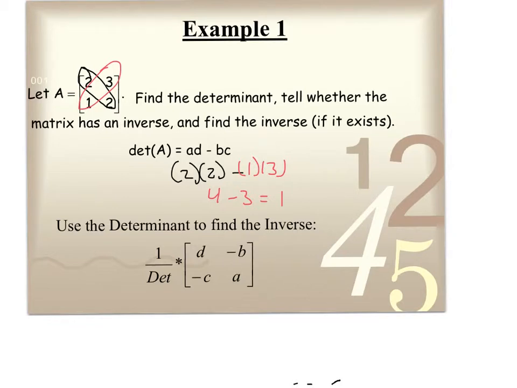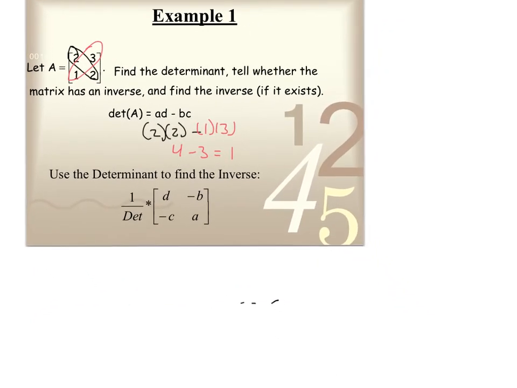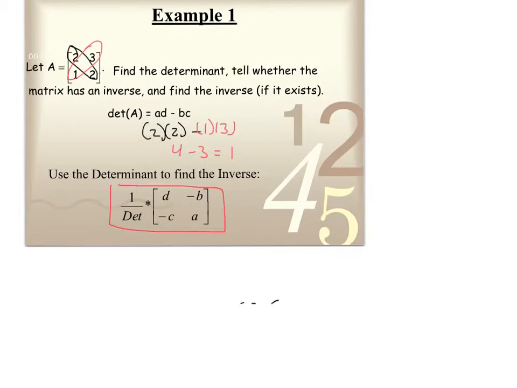And now I'm going to apply this to find the inverse. So the formula to find an inverse is we take 1 over the determinant and multiply it by this variable matrix.